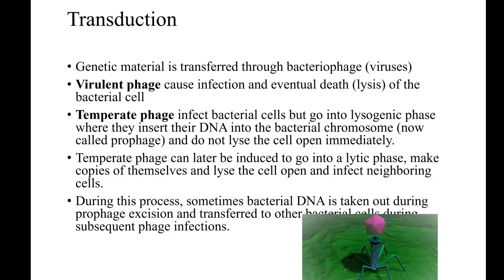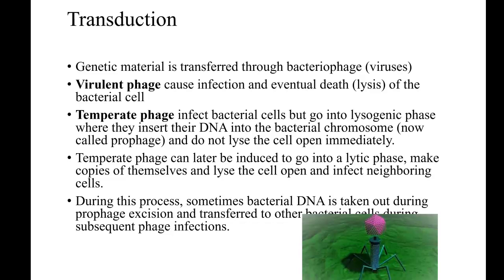In order to really talk about how these phages introduce genetic material, there's a couple of different types of phages. There's a virulent phage. This is going to take over that cell machinery right away, and it's going to cause lysis of the bacteria. It's just going to kill it.